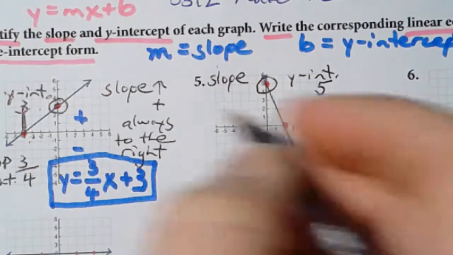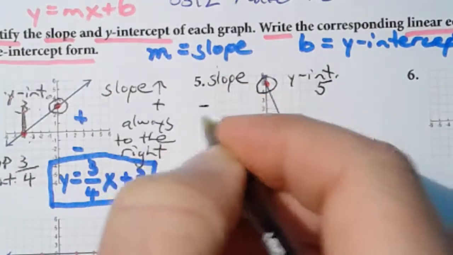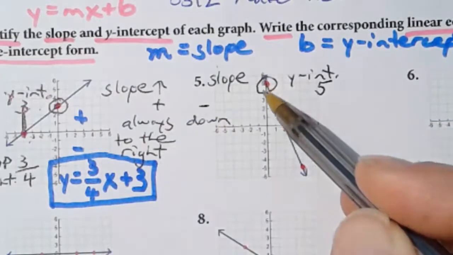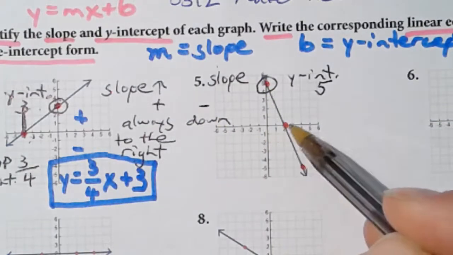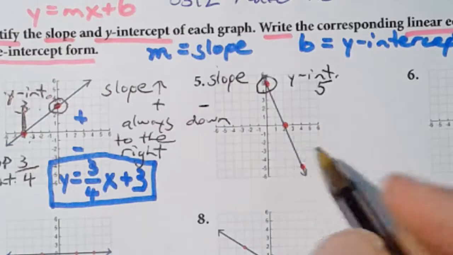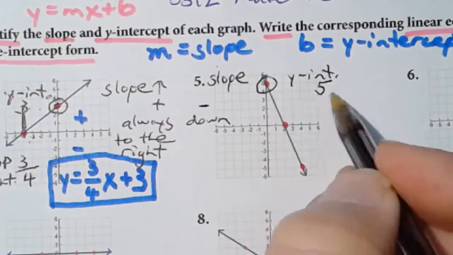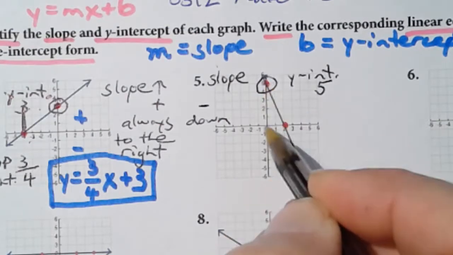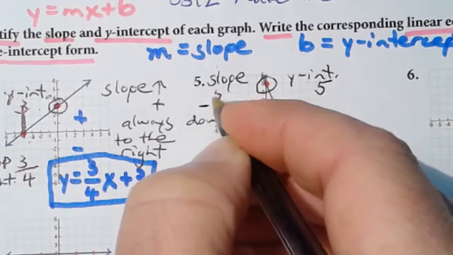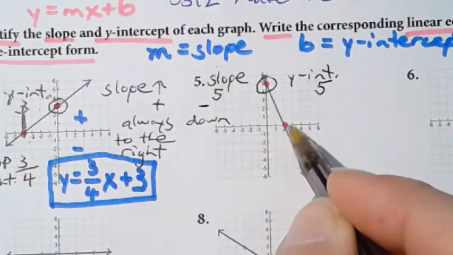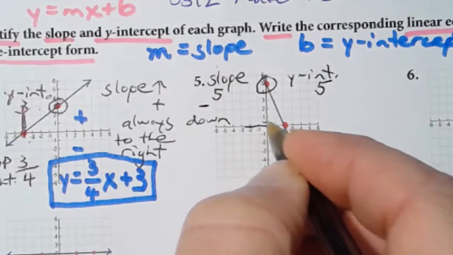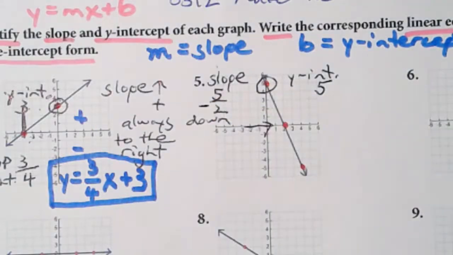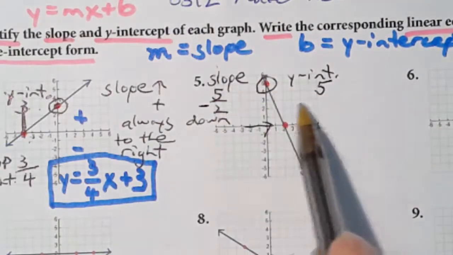Okay, this time the slope is going down, so it's negative. How far down is it going before it slides on over to the right? Well, since the y-intercept's at 5, and that's where we're starting, it goes down 5 and to the right 2. So you can kind of see our equation right there.